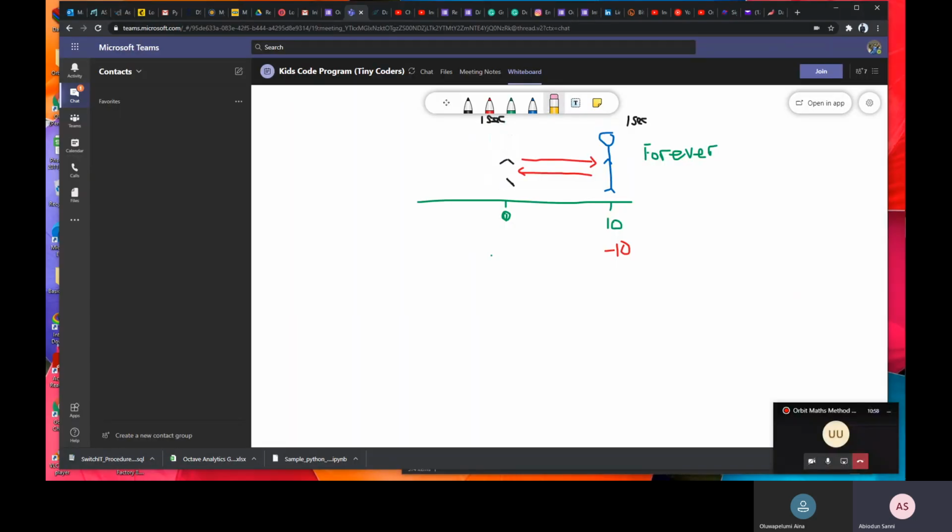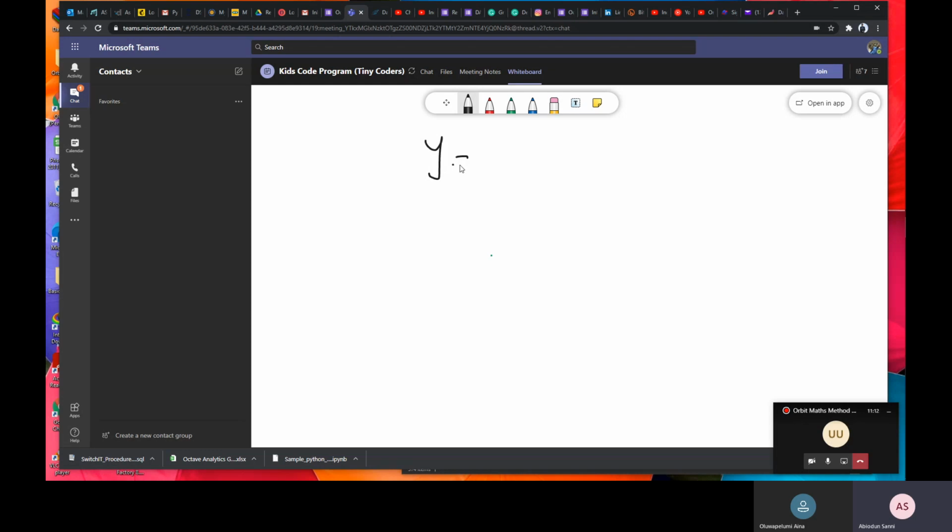So if I have a function y equals f of x, my aim is this: we know that obviously dy/dx is going to give me something like f prime of x.